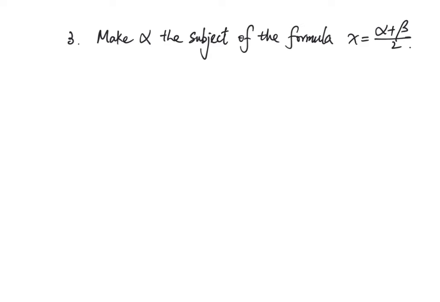Example 3. Make alpha the subject of the formula x equal to alpha plus beta over 2. So let's copy down the formula first. x equal to the sum of alpha and beta, and then divided by 2. So we see a denominator, so we remove the denominator first.